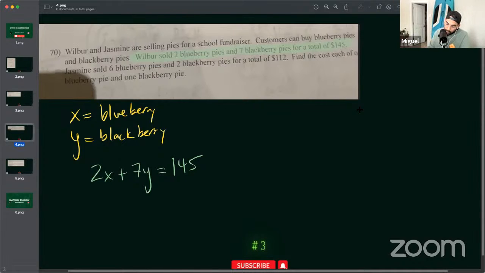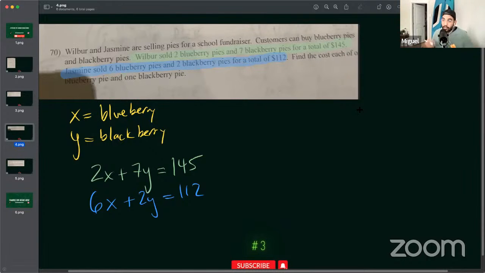I'll highlight that in blue. Jasmine sold 6 blueberry pies and 2 blackberry pies for $112. What do you know? We can set that up as 6x plus 2y is equal to $112. And now they want to find the cost of each blueberry pie and blackberry pie. So really they're asking, solve the system, give me the value of x and the value of y.